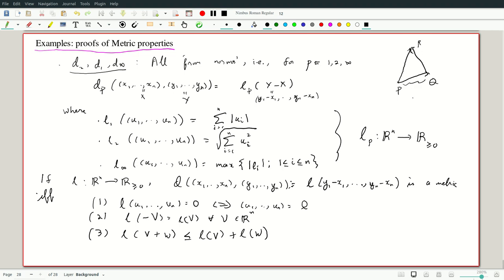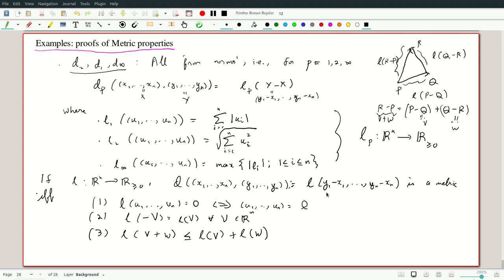Then this distance is going to be L of P minus Q. This distance is going to be L of Q minus R. And this distance is going to be L of R minus P. And we notice that the sum of P minus Q and Q minus R is R minus P. So we apply this equation with this as V, and this as W. Then equation 3 exactly gives you, this is V plus W, the triangle inequality for arbitrary points.